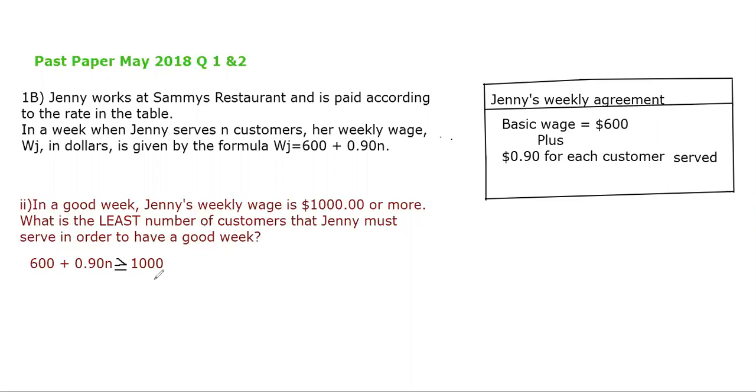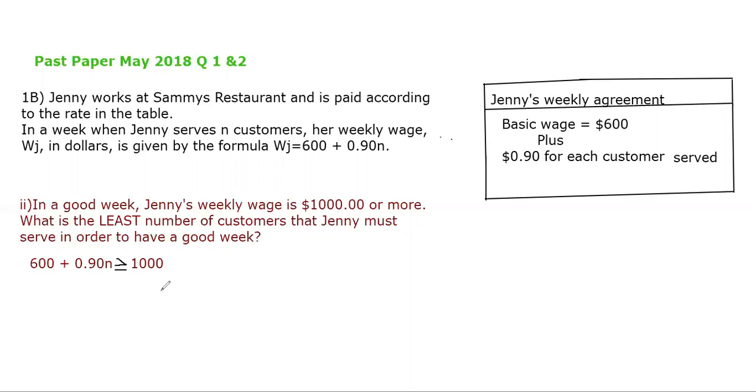Let me say that again. The first thing that we would do is write our formula, which is 600 plus 0.90n. Now, in order to have a good week, Jenny needs to get at least $1,000. Instead of writing the equal sign, we know that 1,000 is the least that she should get, so she should get greater than, because you're expecting more.